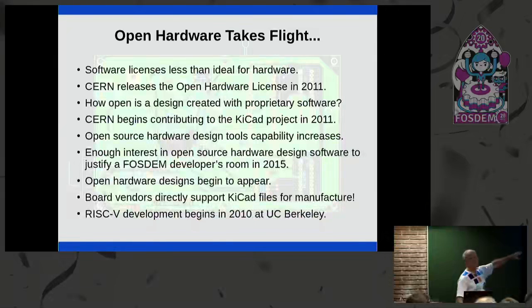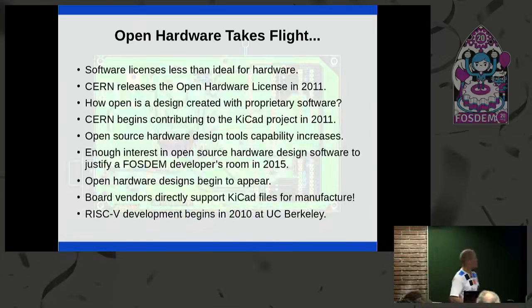So now we had some tools, and they weren't super powerful compared to the commercial hardware development tools, but we had them. So we were starting to see some growth in the idea of open hardware, because the same arguments for open source software you could almost make for open hardware. It's freely available, you can learn, you can extend it. There's lots of good reasons to do that, right?